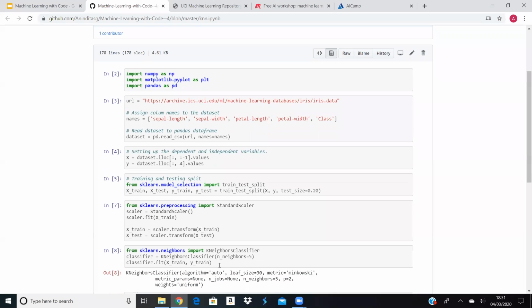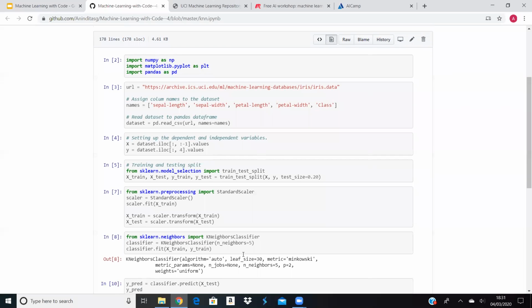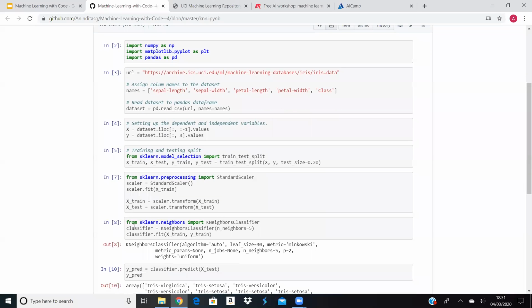After that, from scikit-learn, we will use the k-neighbors classifier. Here, if you see, we have mentioned the number of neighbors as 5. Then classifier.fit is using X train and Y train.